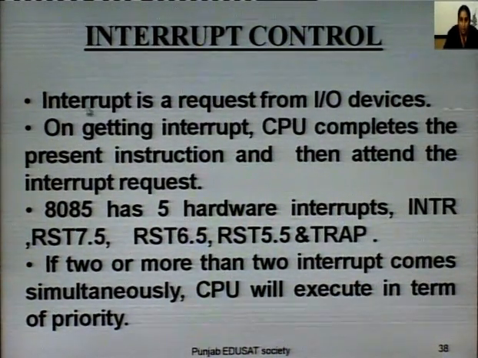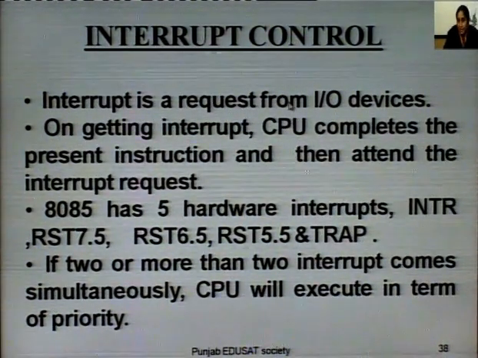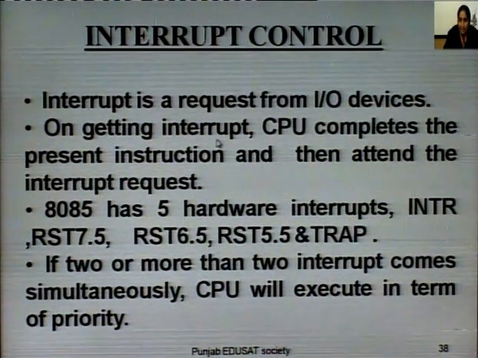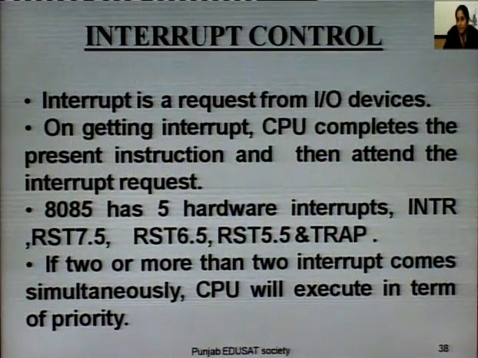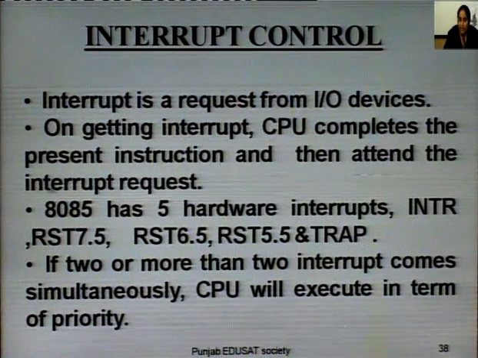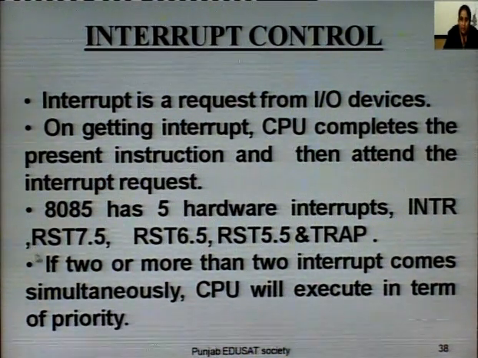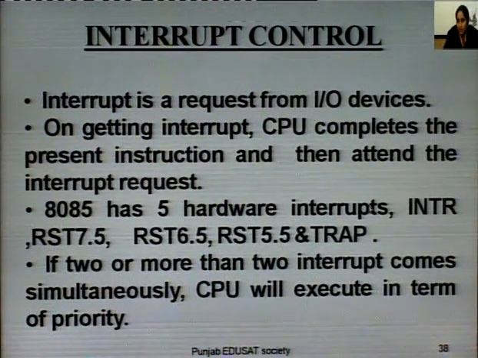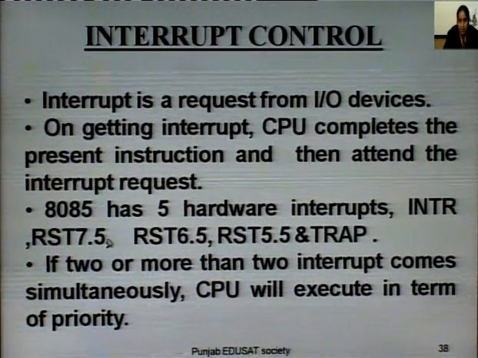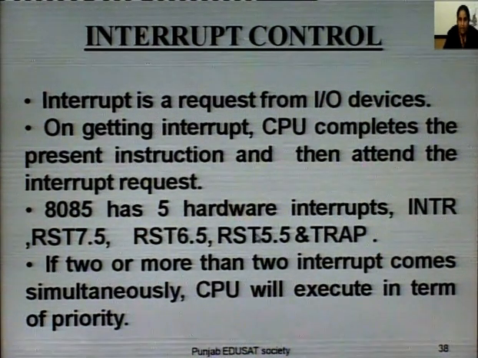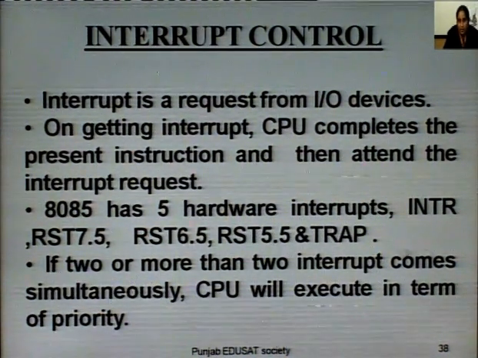Interrupt control. Interrupt is a request from an input-output device. On getting an interrupt, the CPU completes the present instruction and then attends the interrupt request. 8085 has 5 hardware interrupts, that is INTR (interrupt request), RST 7.5, RST 6.5, RST 5.5 and TRAP.